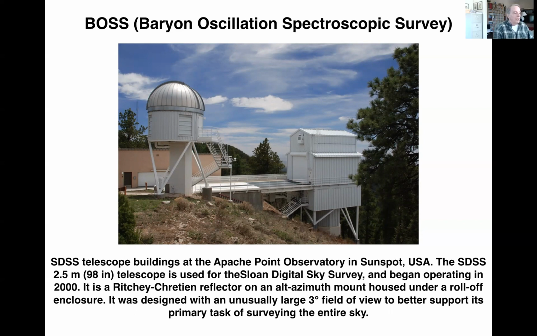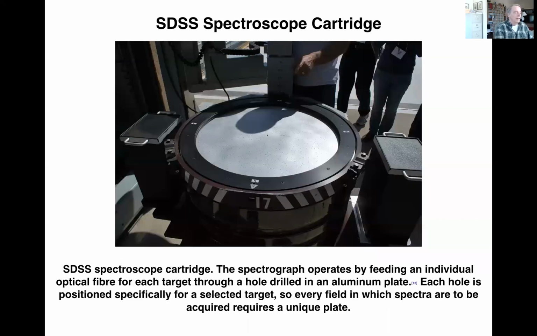And what it does each night, there's a template. If we look closely, you can't see it on this scale, but that's an aluminum plate in which holes have been drilled. Approximately 600 to 1,000 holes have been drilled at the positions of the focal plane of that telescope. It's about a 100-inch telescope.